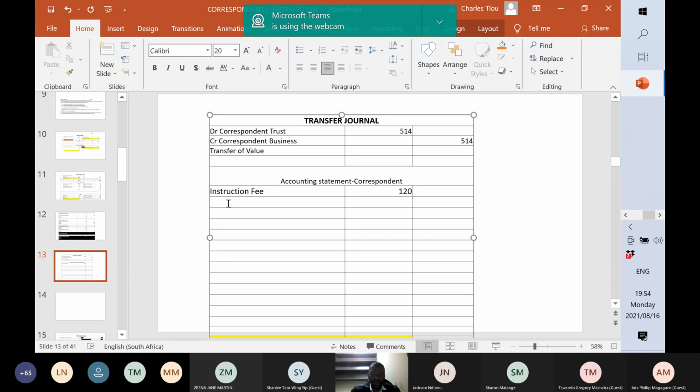Then you've got your 15% VAT. How much is the VAT of 120? It was 18 rand, correct.